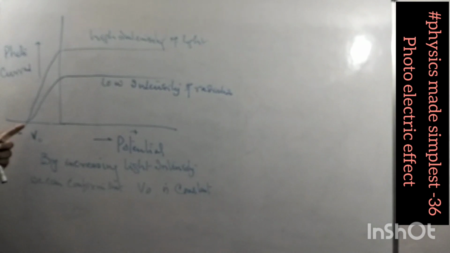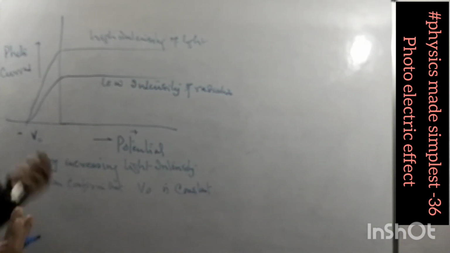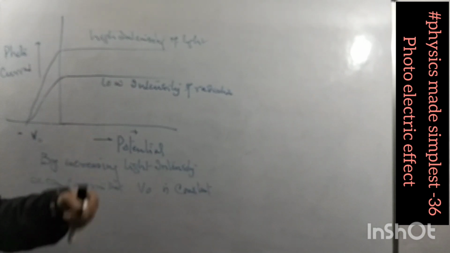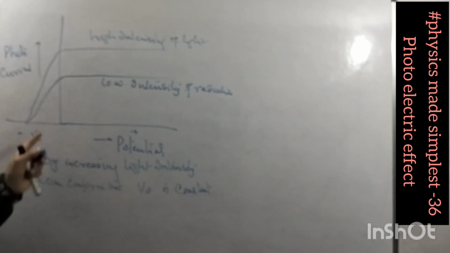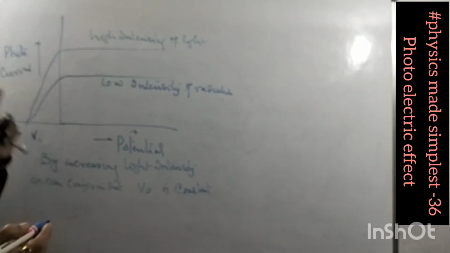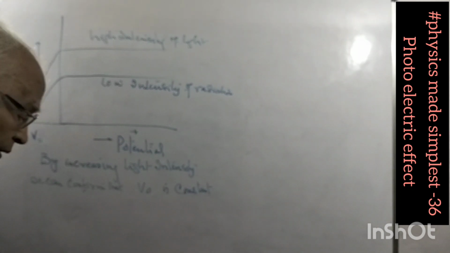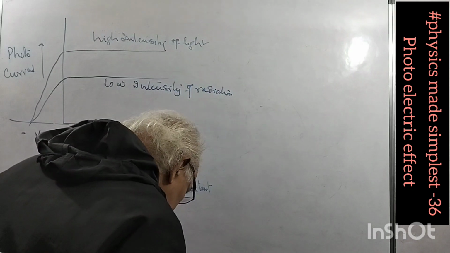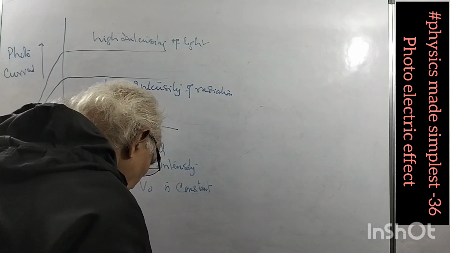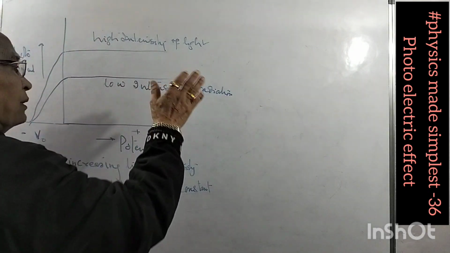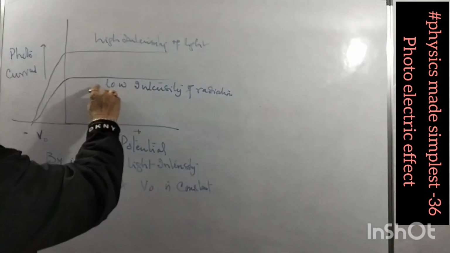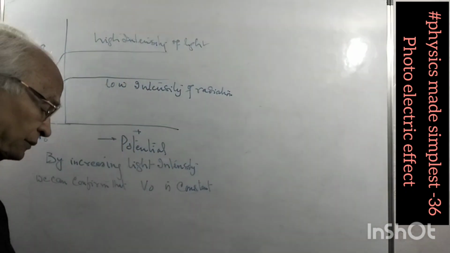V naught will not change, because the maximum energy of electron depends not upon the intensity but upon the energy, that is the nu. So intensity you may have any value, the energy of photoelectron remains the same, maximum value, so V naught remains the same. So that is the confirmation. This experiment can be done. So this current is saturated because all electrons are collected. So this current becomes constant, that is the saturation current.